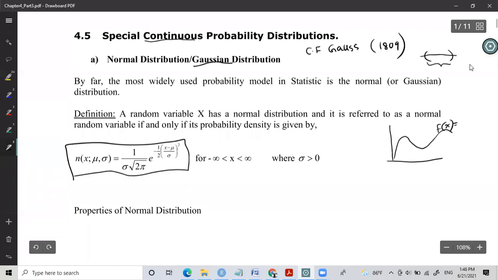You can write an equation for this function. There are several common features that you can find in random variables. Some of them are like this, some of them are like this, some are like this, right? So the normal distribution is a nice bell shape.